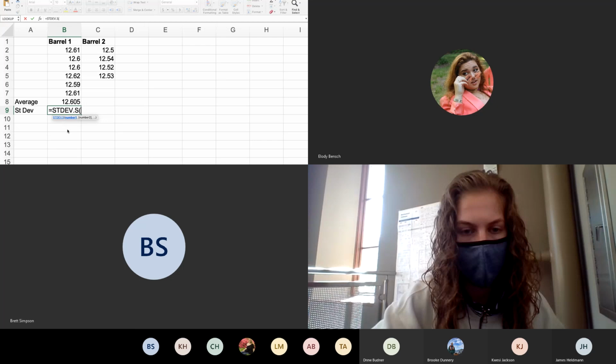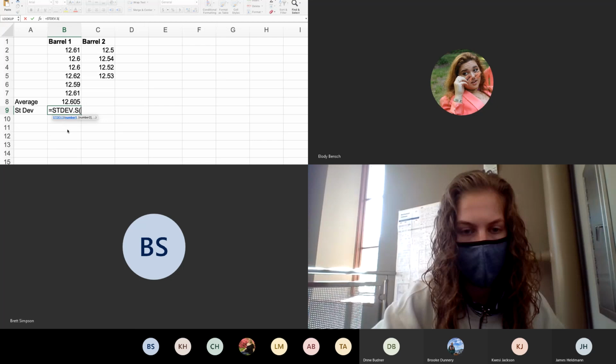Now this is where we said that barrel 2 was data set 1, right? So when we look for range of variable 1, we are going to select the data for barrel 2. The second one was barrel 1. Wait, I have a quick question about this.